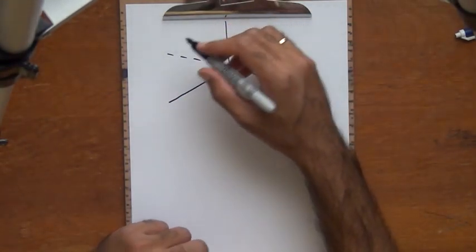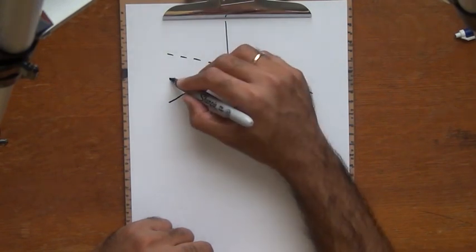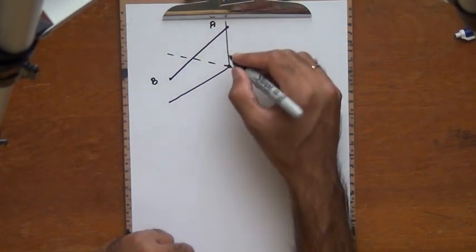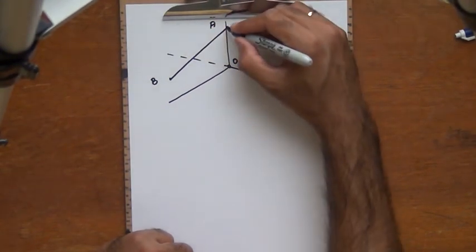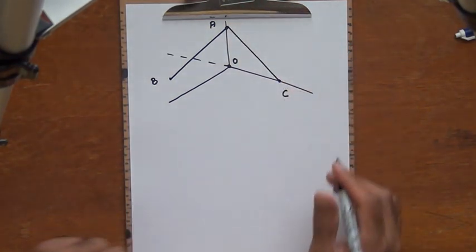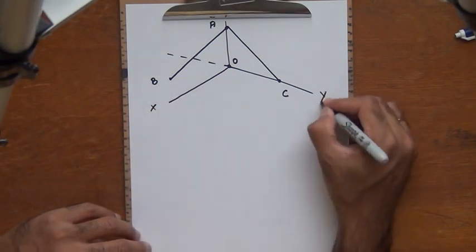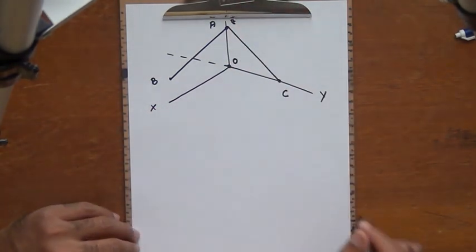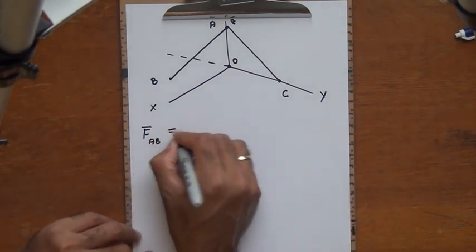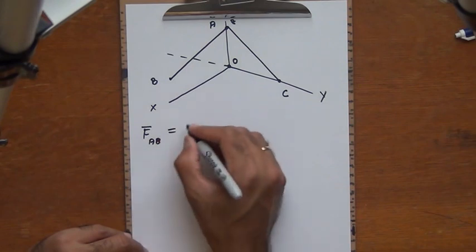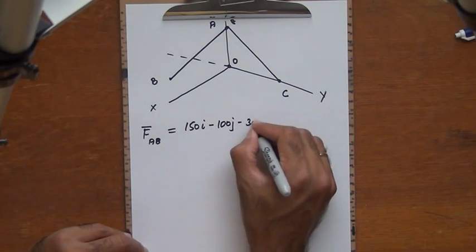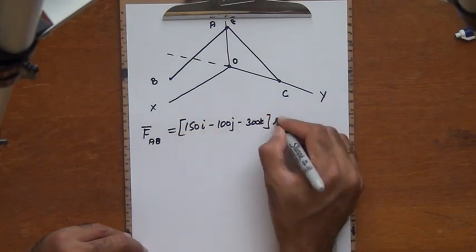Here is the point O. Force starting from point A to point B. This is the point O, and then I have force from point A to point C. And this is positive X, positive Y, and positive Z. And then FAB, freshly found out, was 150i minus 100j minus 300k, so many pounds.